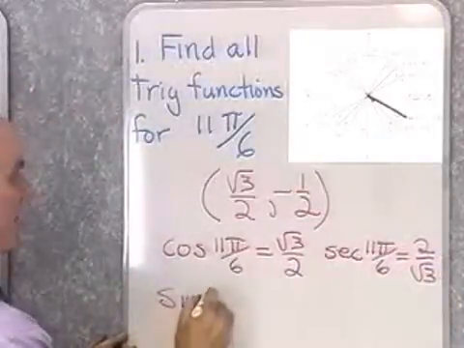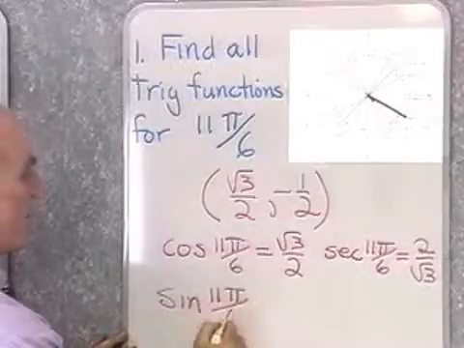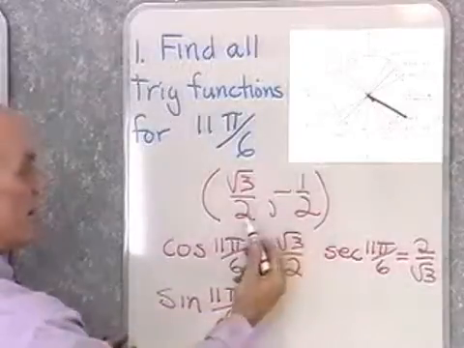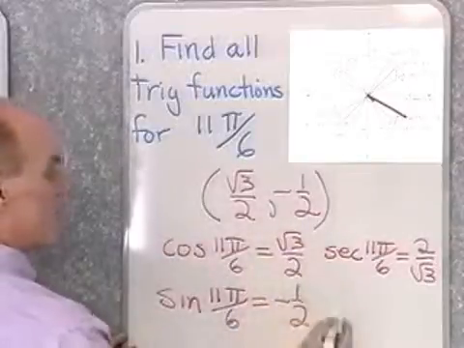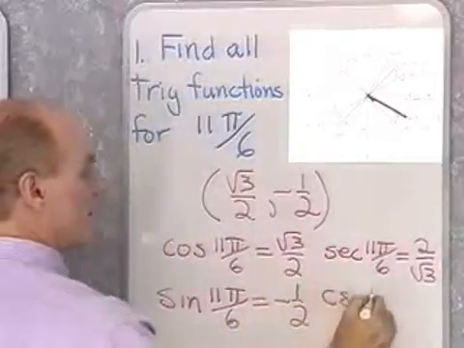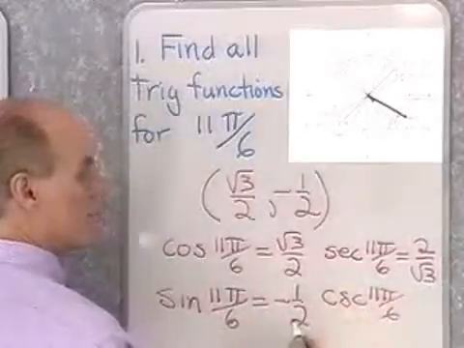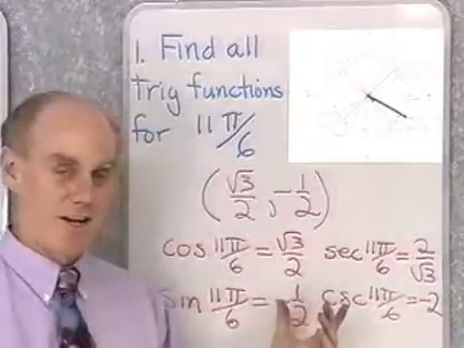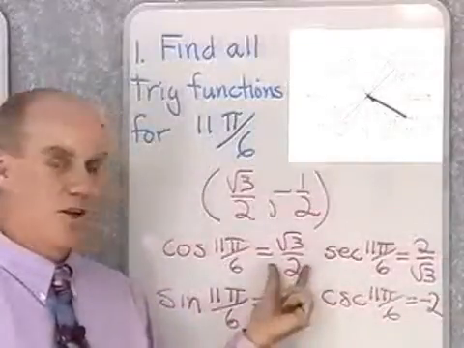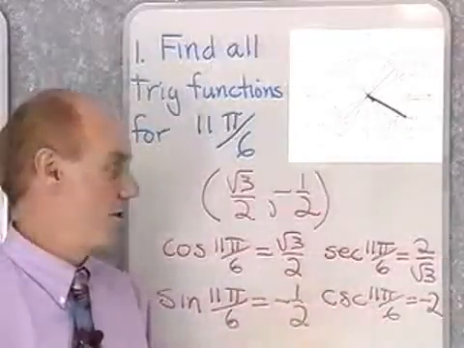The sine of 11 pi over 6 will be the y-coordinate, negative 1/2. So the cosecant of 11 pi over 6 will be the reciprocal of that, negative 2. Then the tangent of 11 pi over 6 will be the sine divided by the cosine, and the cotangent will be the reciprocal of that.